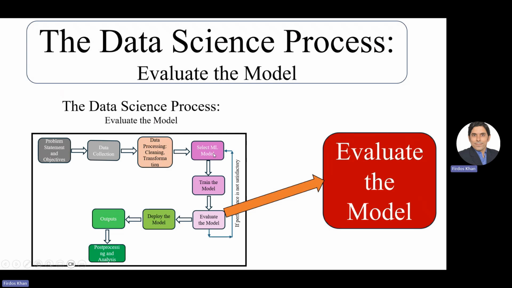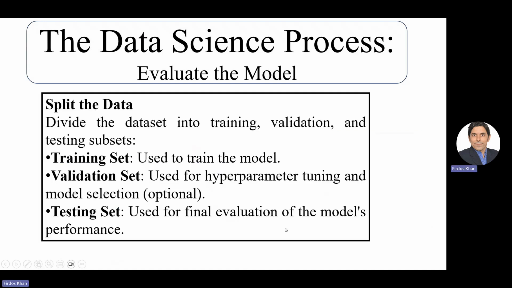Select ML model, that means if you are working with a machine learning model, or a deep learning model, or generative model, or foundation model, or quantum machine learning model, and so on. But we are just talking generally here, not only about machine learning models. It can be a statistical model as well. So let's see what the steps are.